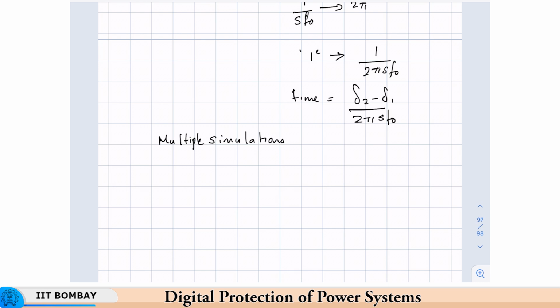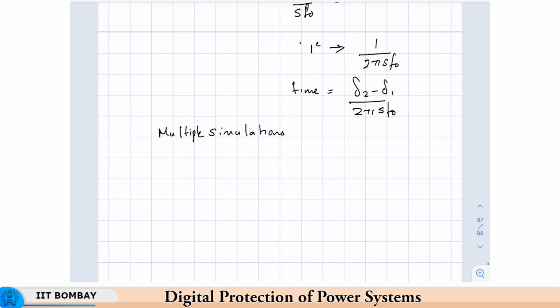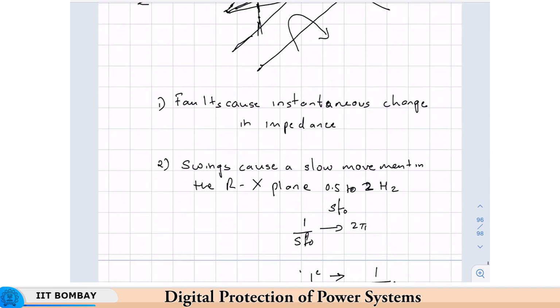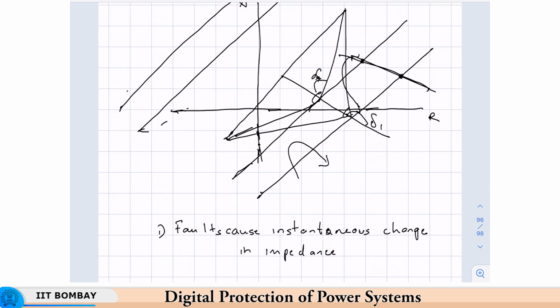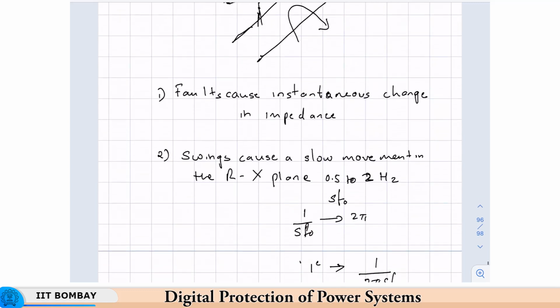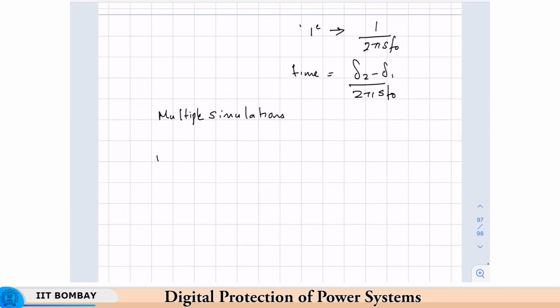Now, one thing that needs to be mentioned is that these blinders are actually reactance relays when you are talking in terms of electromechanical relays. But these characteristics could be easily simulated in a numerical relay, and they could be present in the same numerical relay as well.